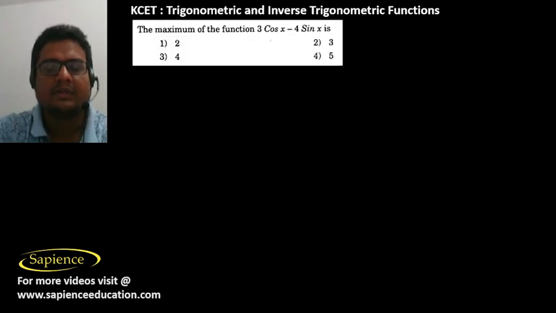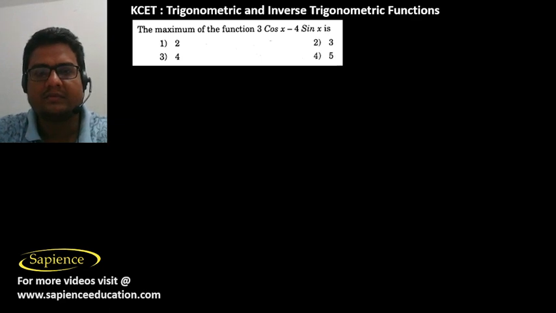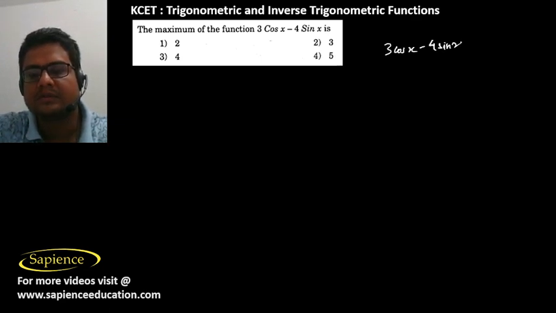Then we have to find the maximum of the function 3 cos x minus 4 sin x.